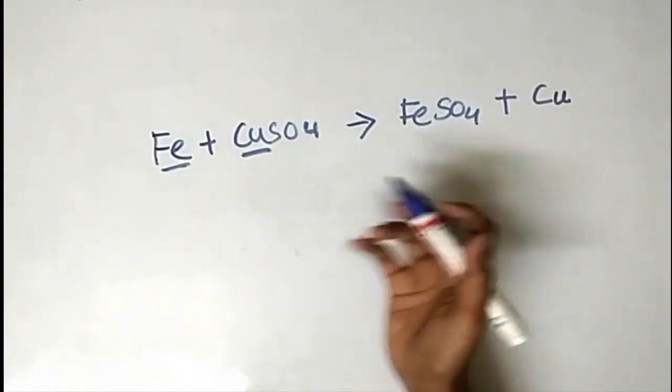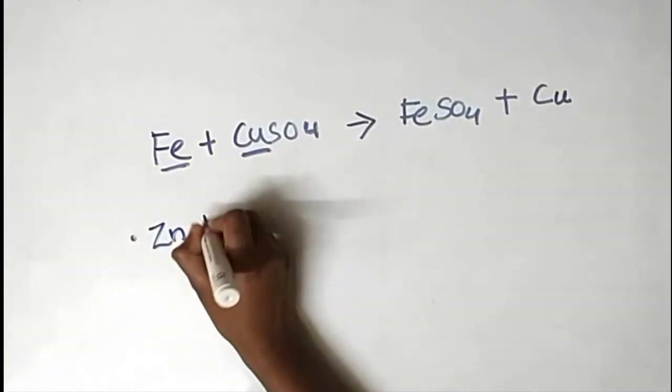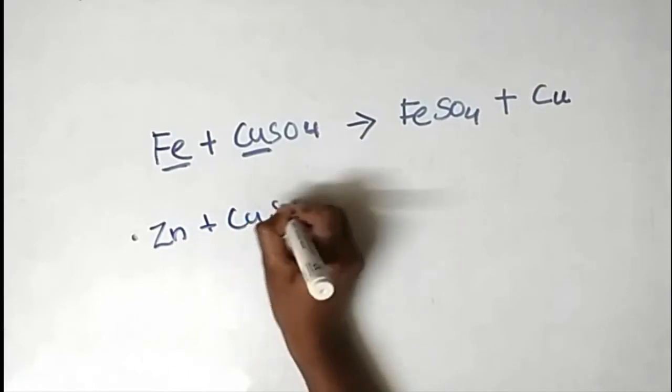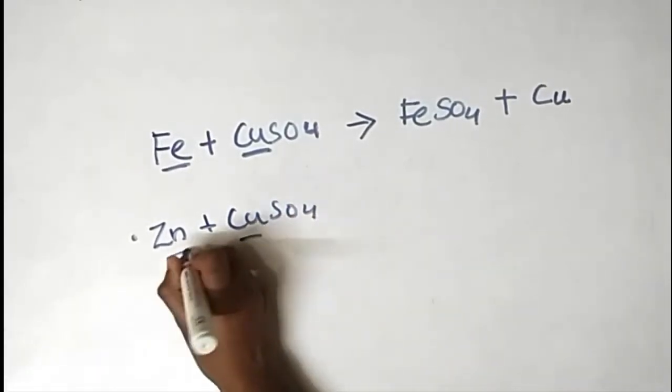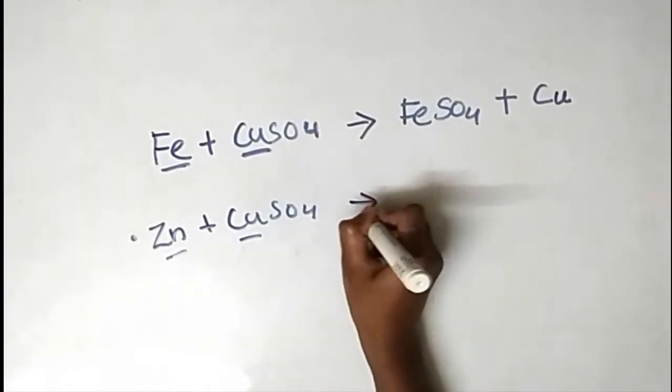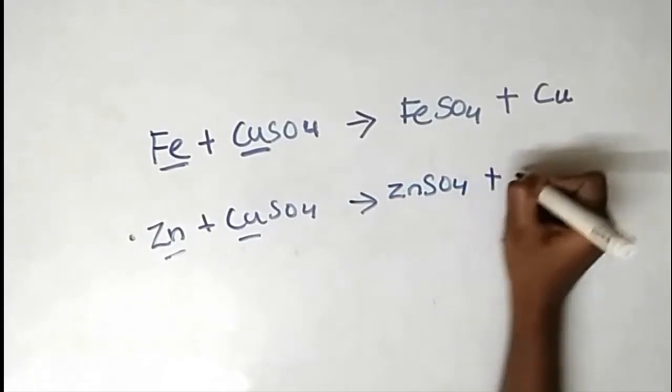Let's discuss some more examples. When zinc is placed inside the copper sulfate solution, the zinc displaces the copper, and zinc sulfate is formed along with copper.